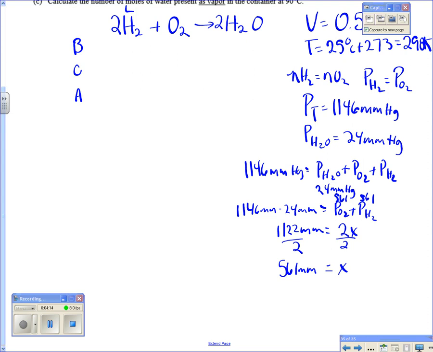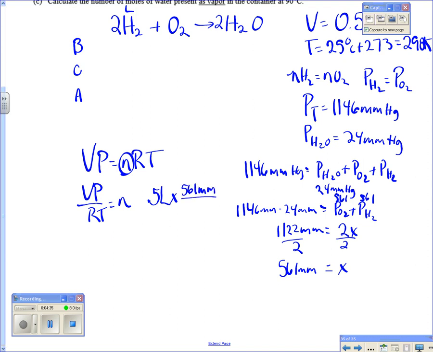So that's what we're going to do now. I know that PV is equal to nRT. Therefore, if I solve for n, PV over RT equals n, and now it just turns into a plug and chug. My volume is 0.5. My pressure is 561 millimeters of mercury, but I need to convert that to atmospheres, so I'm going to divide by 760.